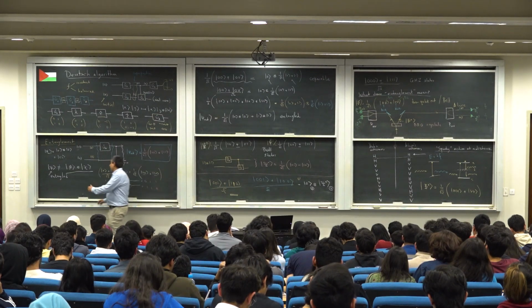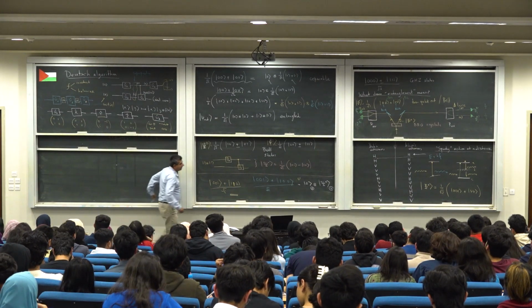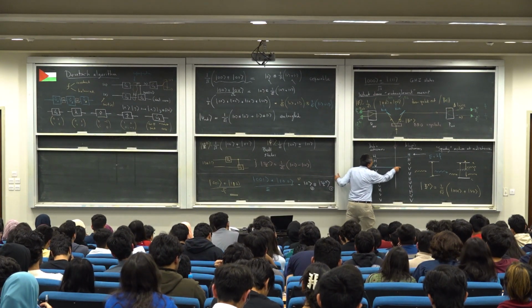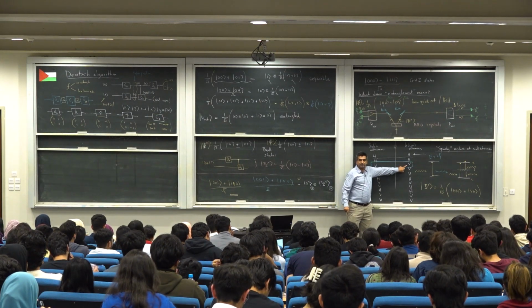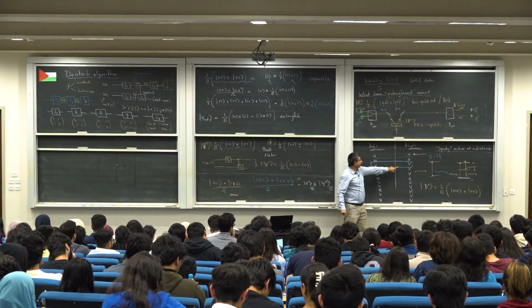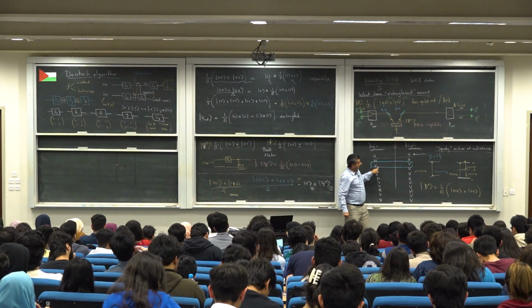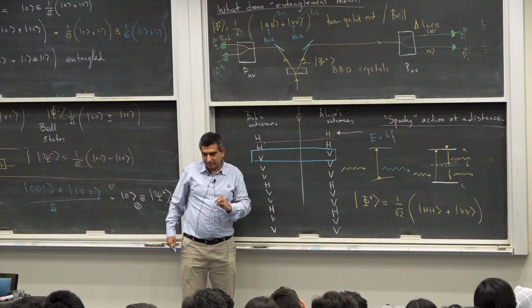Let's compute the probability for, say, this particular outcome, V and V. Alice measures ket V and Bob measures ket V. Alice holds the first qubit and Bob holds the second qubit.